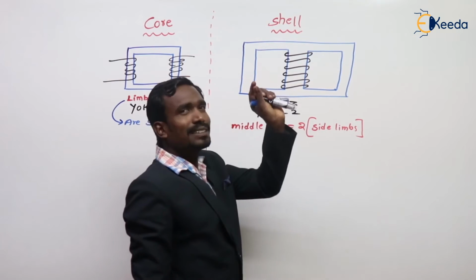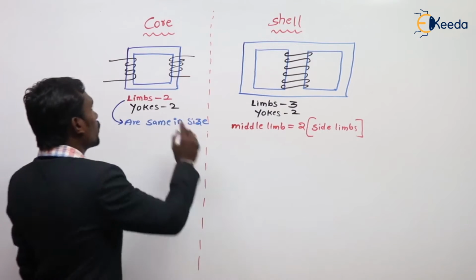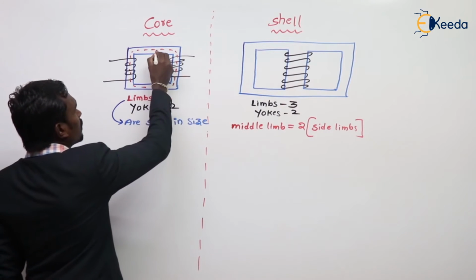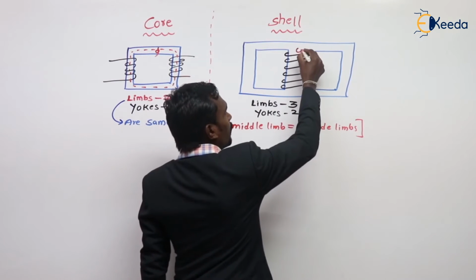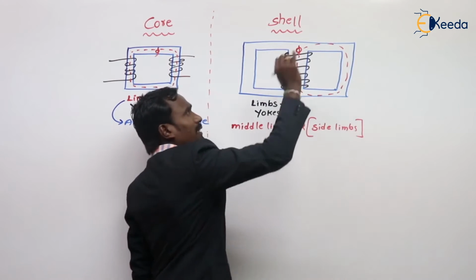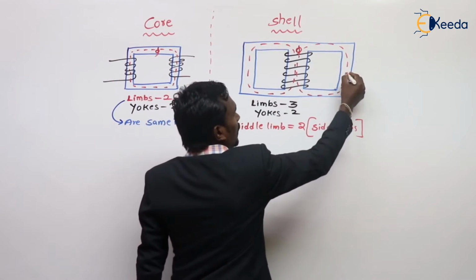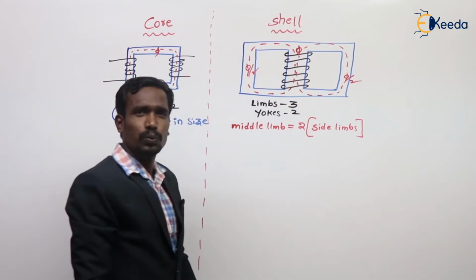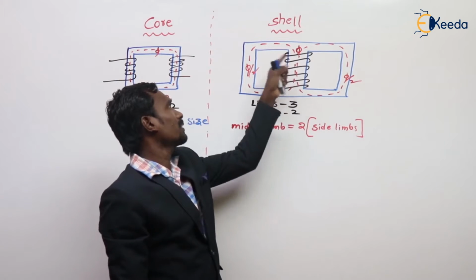This is lesser in size, and this is double that one. Of course, here the flux is the same in the two limbs. But here, for example, if this is the flux phi, then 50% of the flux is here and the remaining 50% is here. Nothing but phi by 2 here and phi by 2 here.